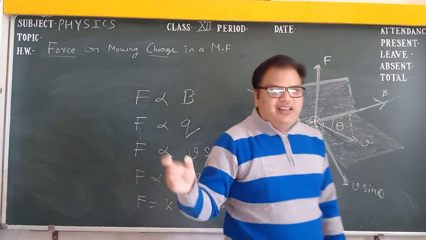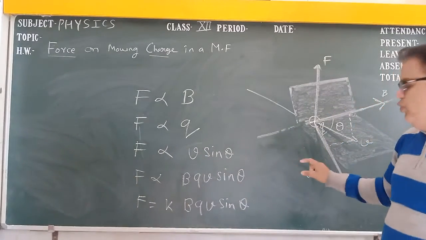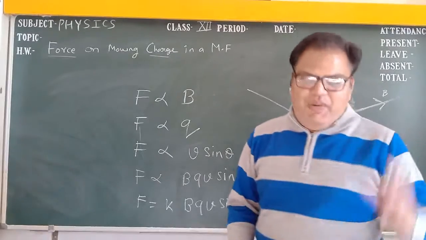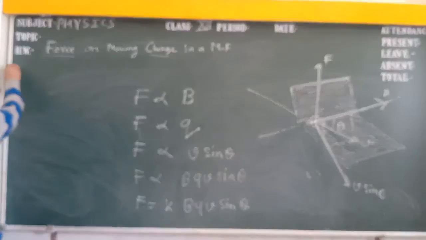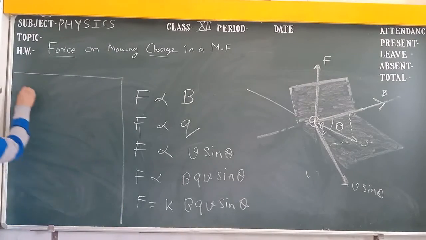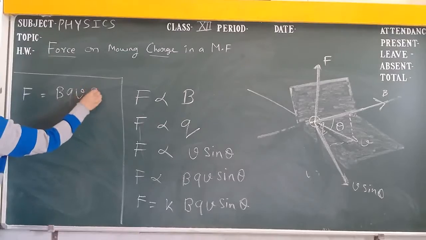Considering the constant K as 1, our result is F equal to B Q V sin theta.